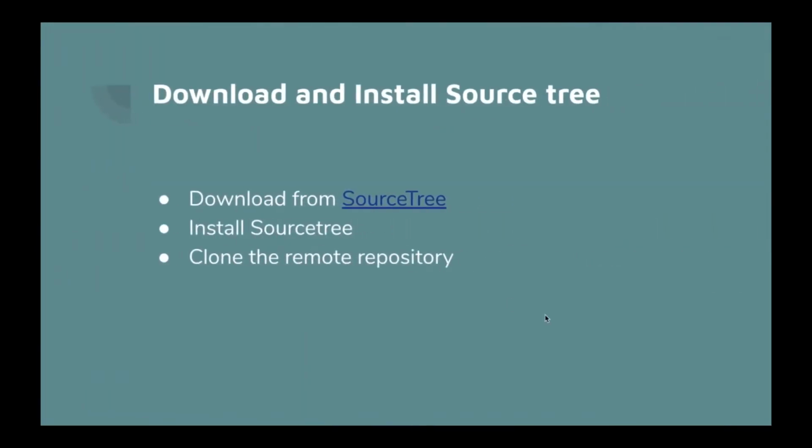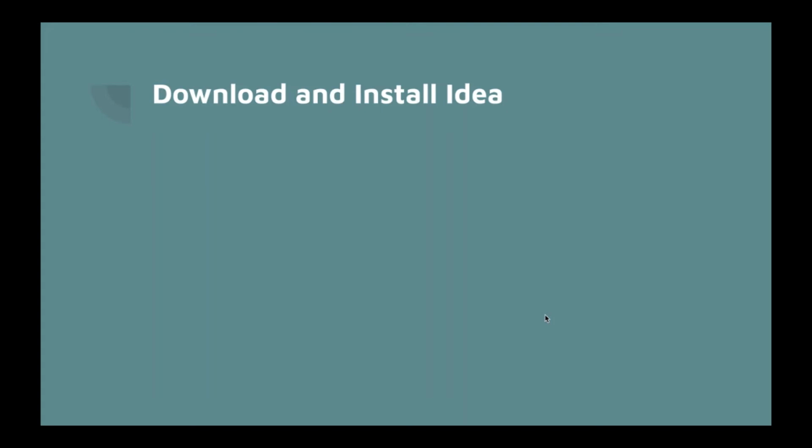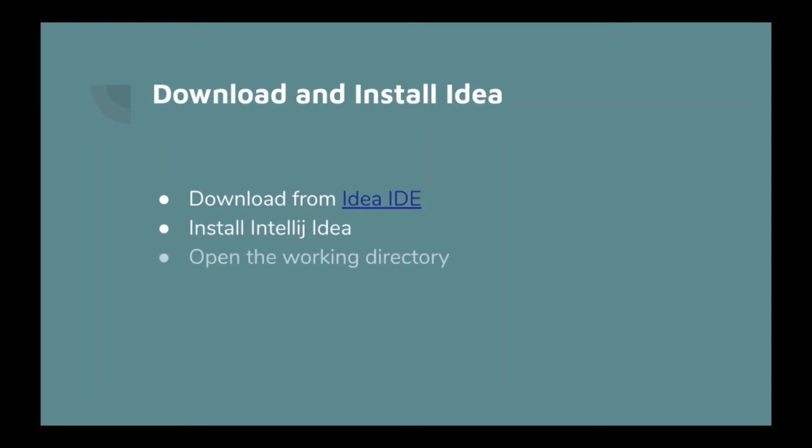The next steps are that we'll download and install IDEA. As I mentioned, IntelliJ IDEA is an IDE for writing Java code, so we'll be using that. Before that, we'll download it from the IntelliJ IDEA official site, then install it, and then open the working directory.